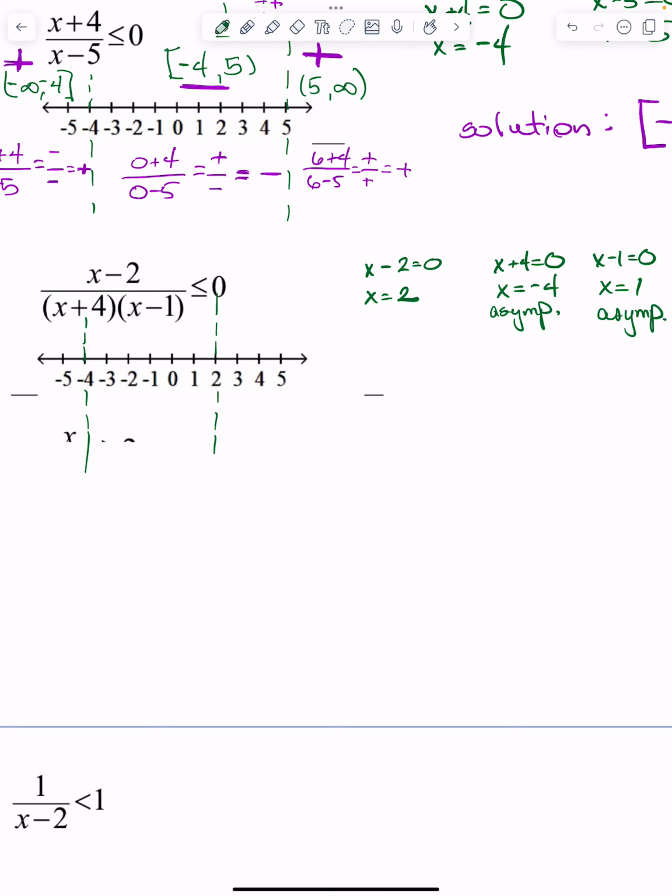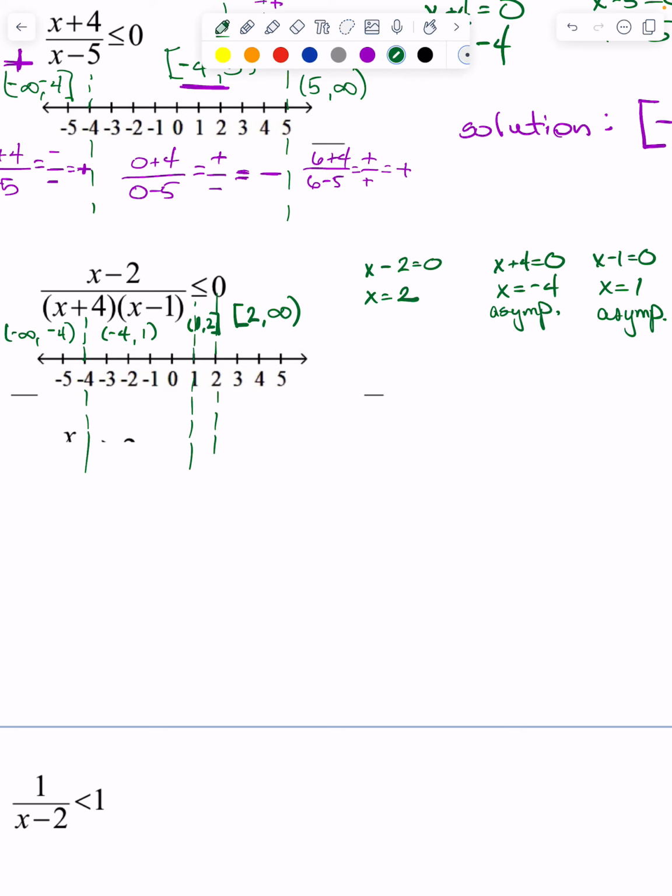And so is this one, x equals 1. So I've got this interval, 2 to infinity, including the 2. I've got this interval, 1 to 2, again, including the 2. I've got this interval, negative 4 to 1, and I'm not including either of those endpoints. Those are my asymptotes. And this one, negative infinity to 4.